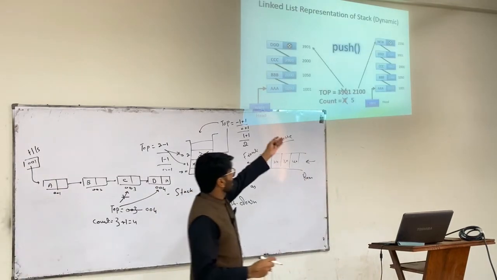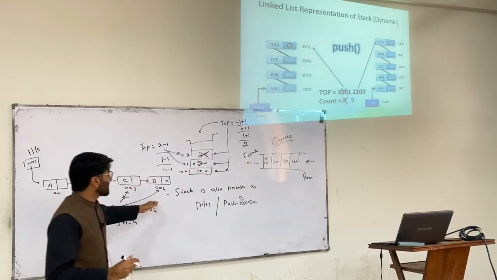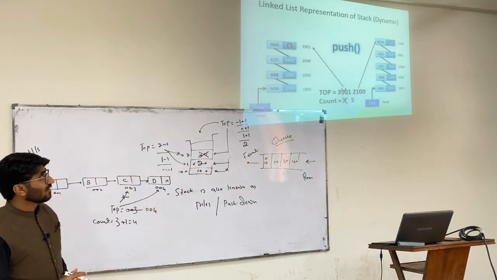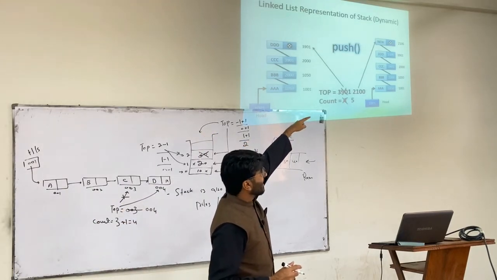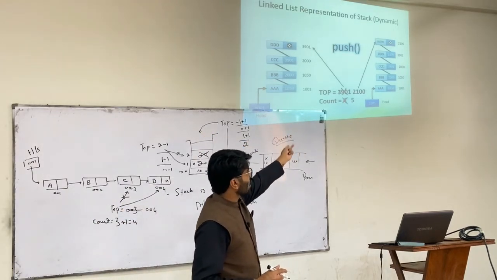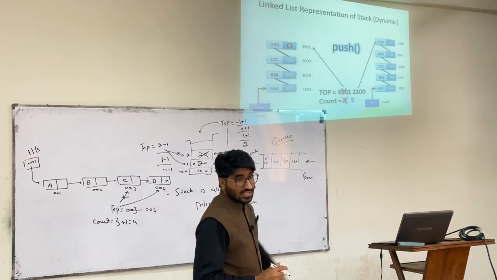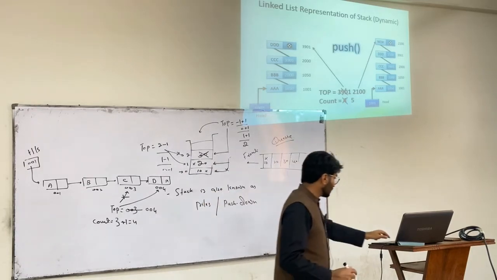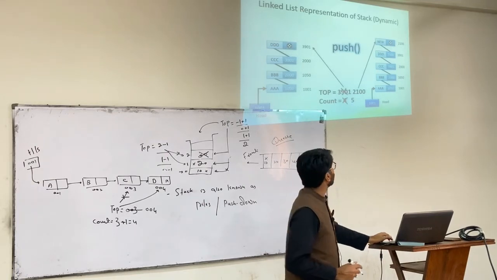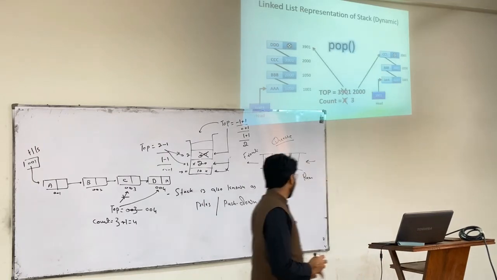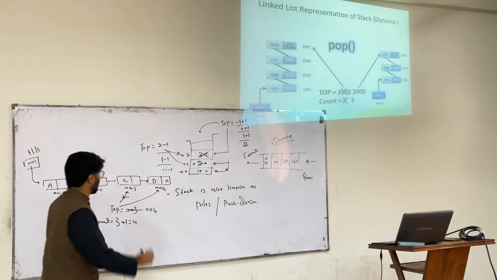Now if you can see here, the same push operation we have discussed is represented here. So we are going to push a new node. The new node has been added after the G, and the value of top has been changed, and the total count has been changed. Right? Is it clear? Guys, is it clear? Yes or no? Now, let's suppose I want to perform the pop operation.